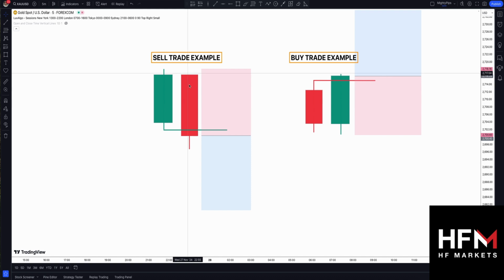You want to get a bearish candle that breaks the low of that previous bullish candle. So if the previous bullish candle's low is broken by the next bearish candle right here, then you want to take a trade. You only need these 2 candles here. You don't need any other candle, you just need these 2 candles to take that sell trade.